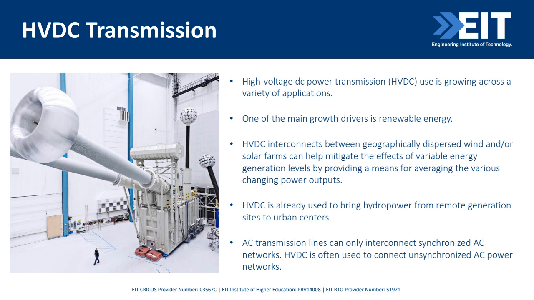Whereas in case of AC, we have to be very mindful about the synchronization of different generation sources into the network. HVDC is already used to bring hydropower from remote generation sites to urban centers. There are projects already developed which are using HVDC.